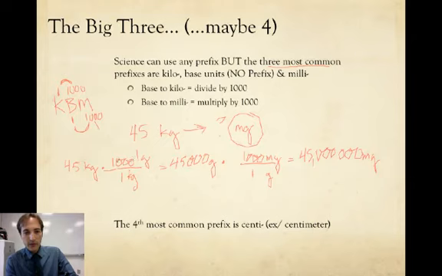So I just moved the decimal, which would normally be right here, over 3 spots. So 1, 2, 3. I had 3 zeros, I moved the decimal over 3 spots, so it became 45,000. Did the same thing here. If we were dividing, in other words, if I had to divide by 1,000 because my units are getting bigger, the decimal goes the other way. It moves to the left.